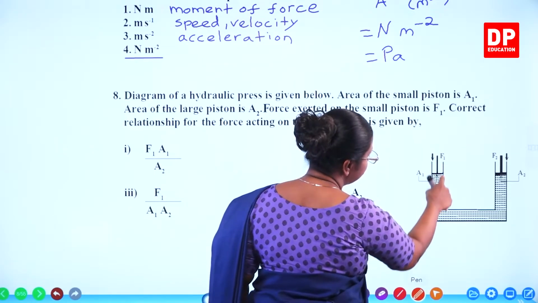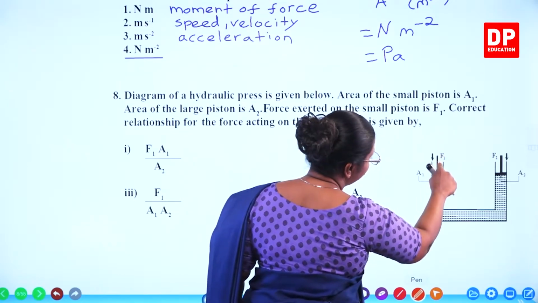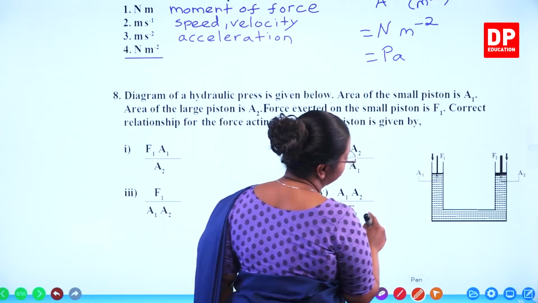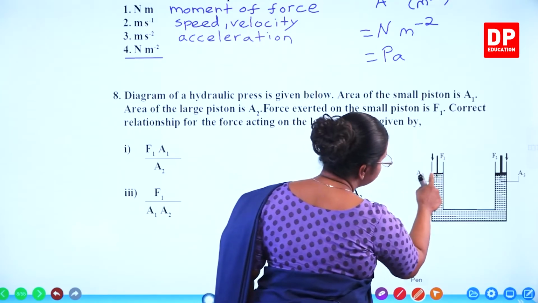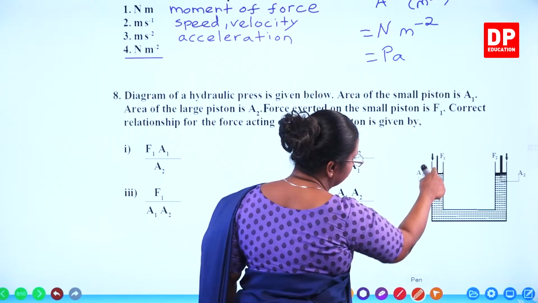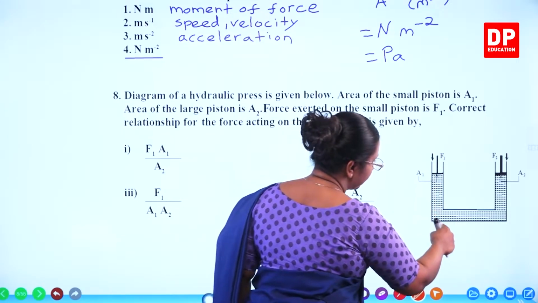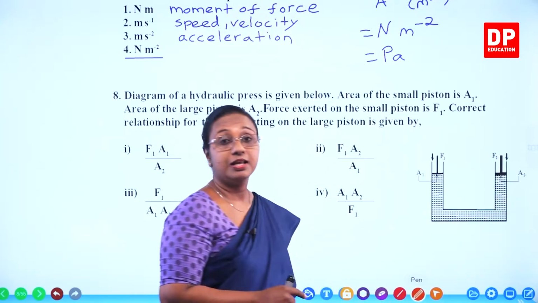Now here you can see this is one arm. There is a piston connected to it, and you can see from the diagram a force of F1 is applied there. Surface area is shown as A1. When you apply a force here, there is a pressure exerted onto the liquid, and that pressure is transmitted through the liquid.